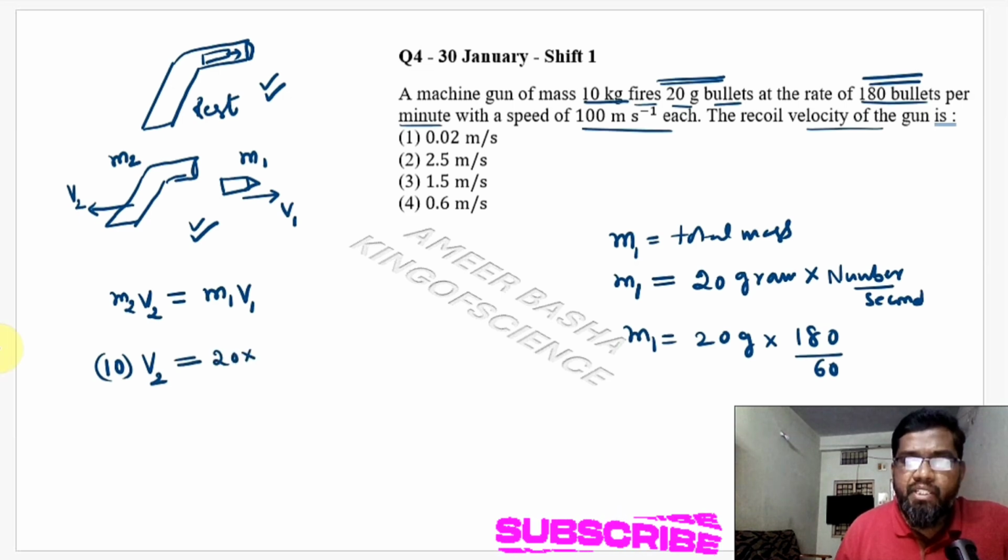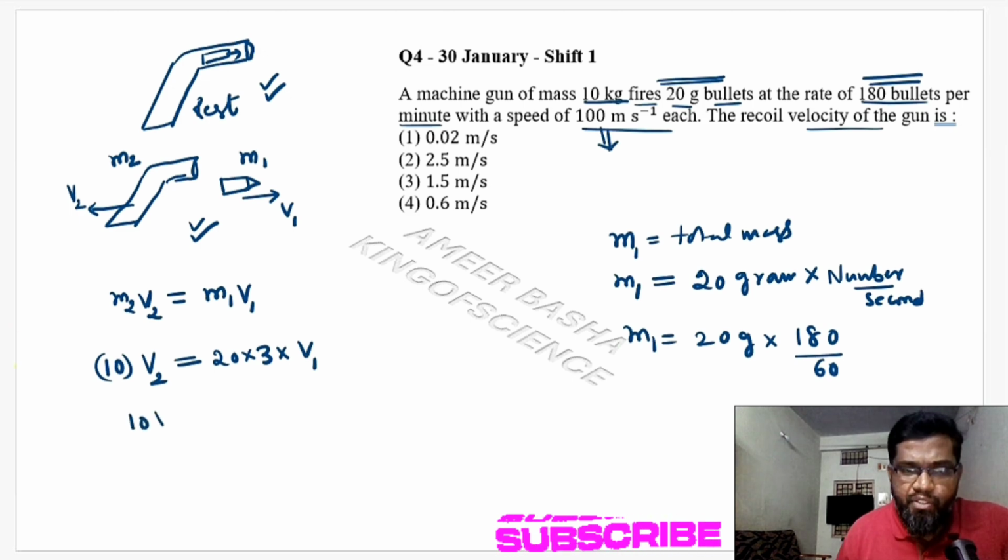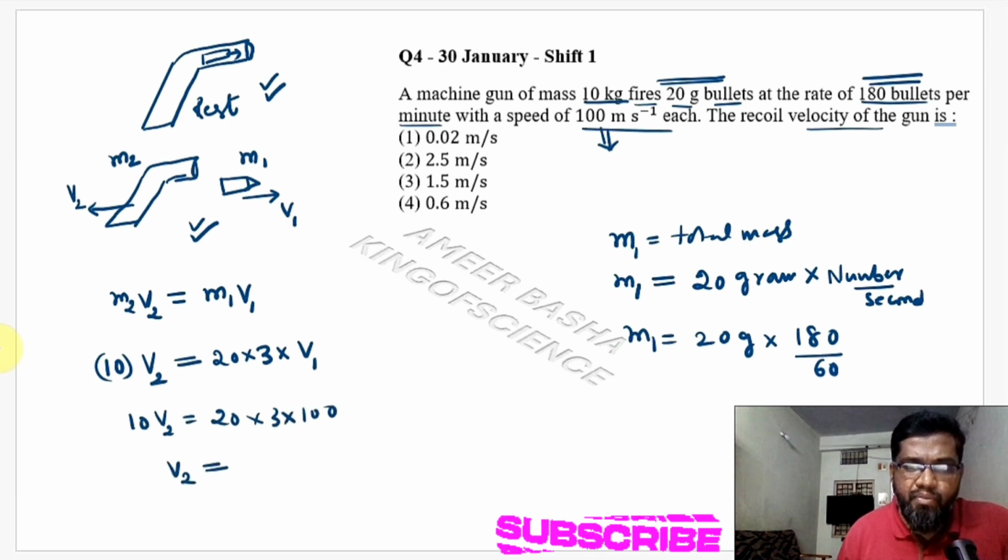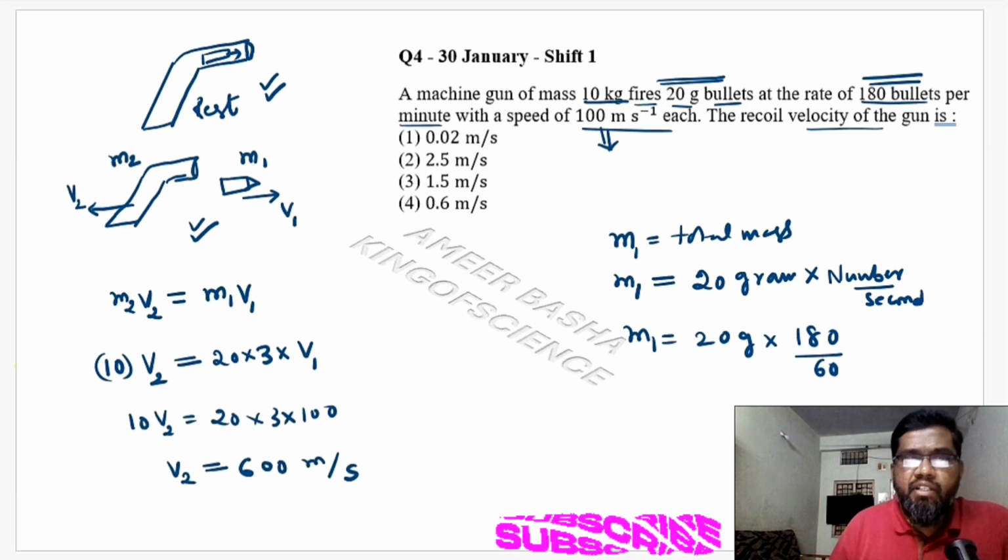So 180 by 60 comes out to be 3, into v1. v1 is given as a speed of 100 meters per second, so 10 v2 is equal to 20 into 3 into 100. So from here v2 will be equal to 600 meters per second.